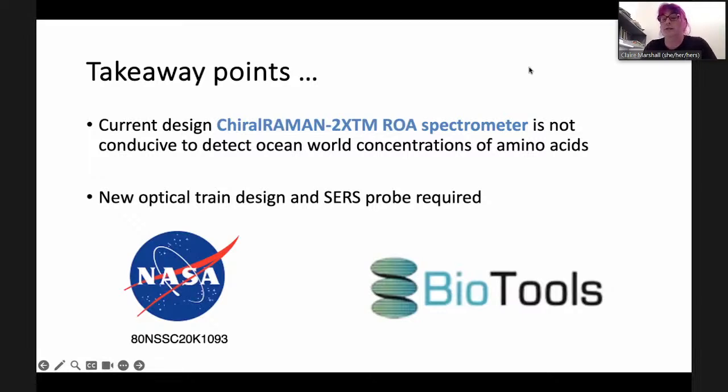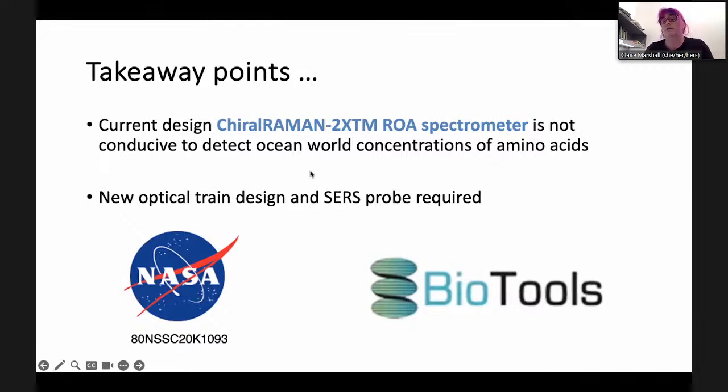So takeaway points from the work done so far: the current design of the chiral Raman 2x-TM ROA spectrometer is not conducive to detecting ocean world concentrations of amino acids.